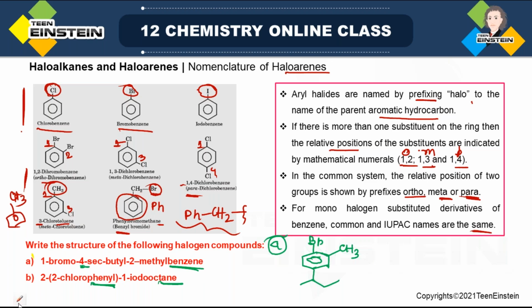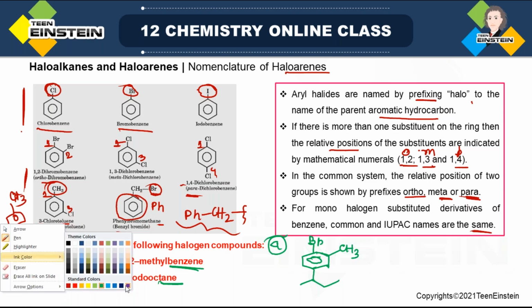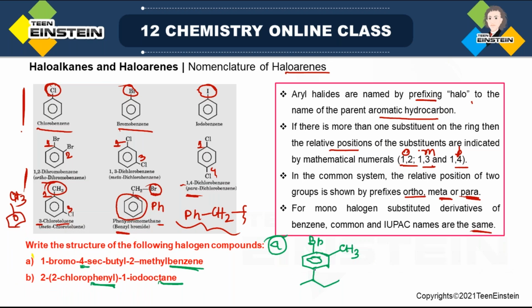But the carbon with which this benzene ring is attached is basically a 2-degree carbon, because this carbon is attached to 2 more carbons. So that is, it is secondary butyl. But if it is simply mentioned butyl, then the chain will be like this: benzene ring and then a 4 carbon chain.